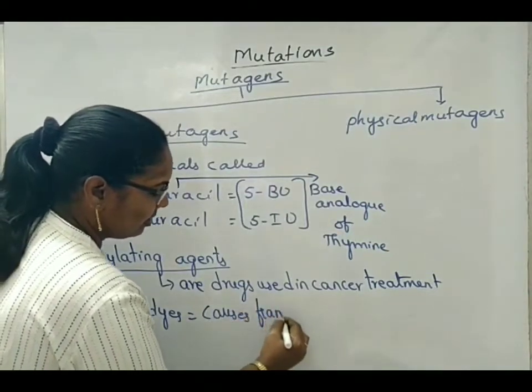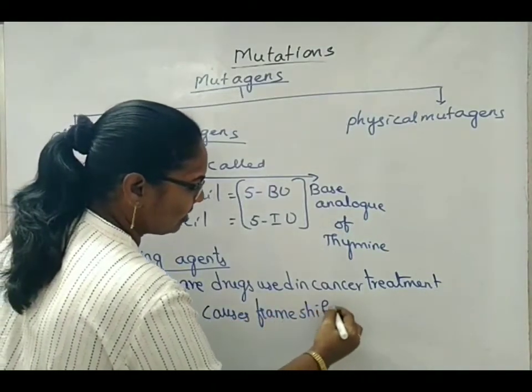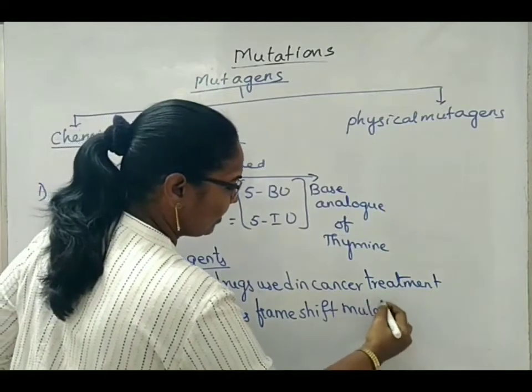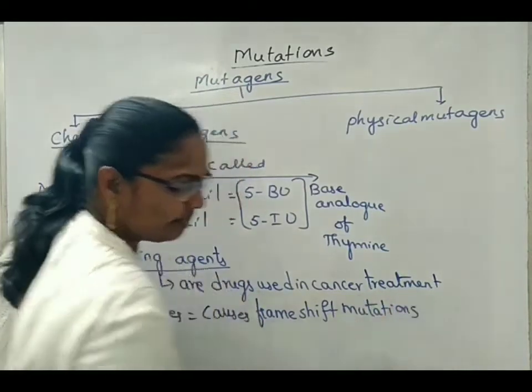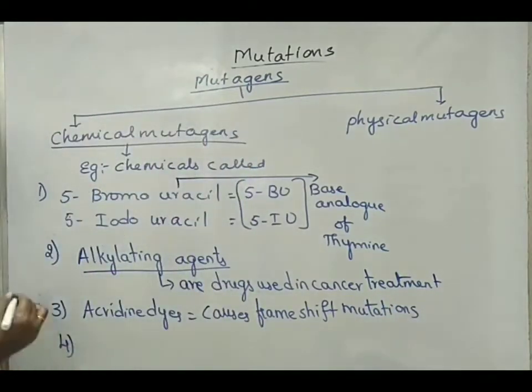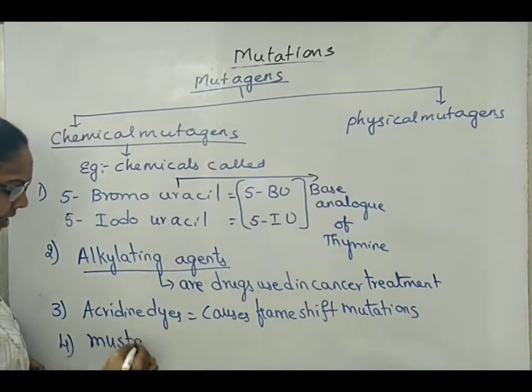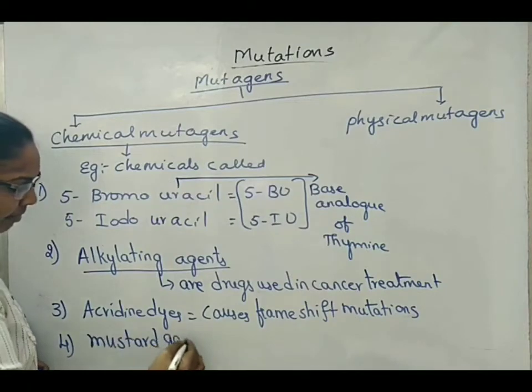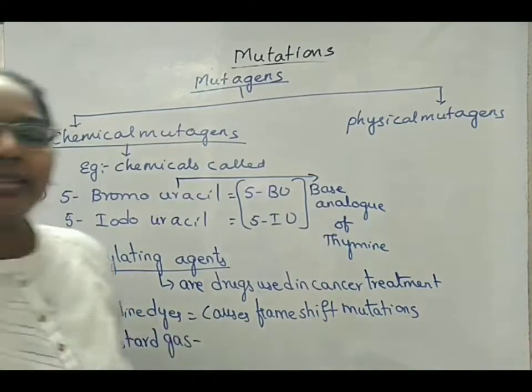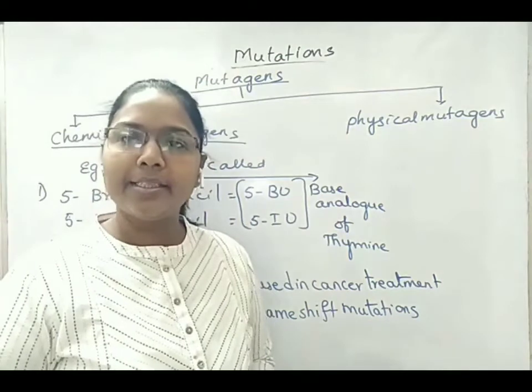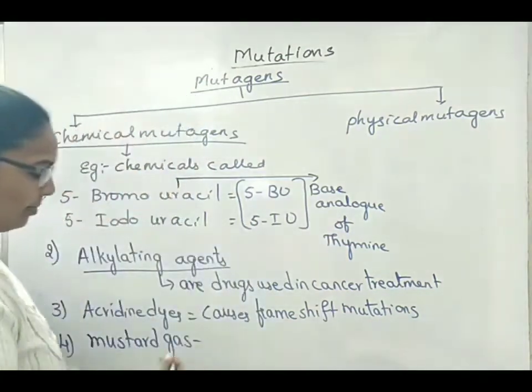They cause frame shift mutations. Next, another chemical mutagen is mustard gas. Mustard gas is considered the first identified chemical mutagen.